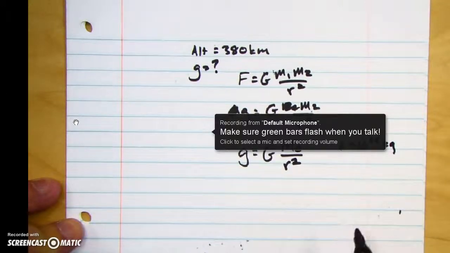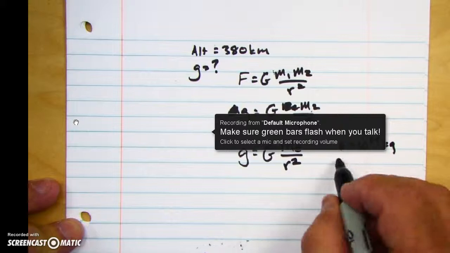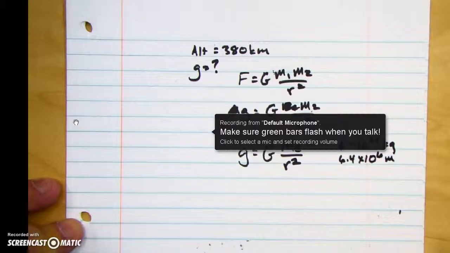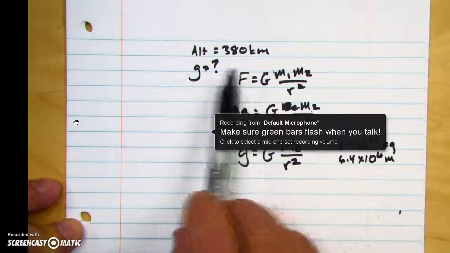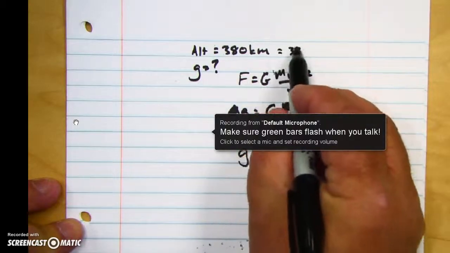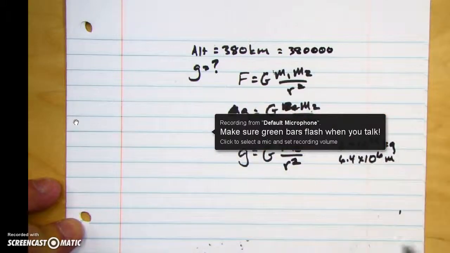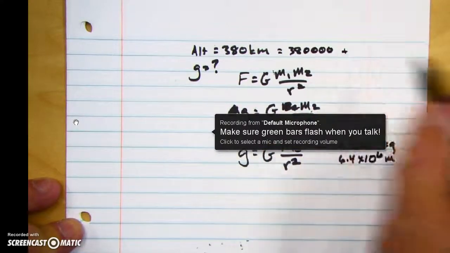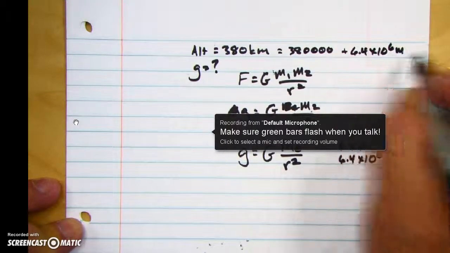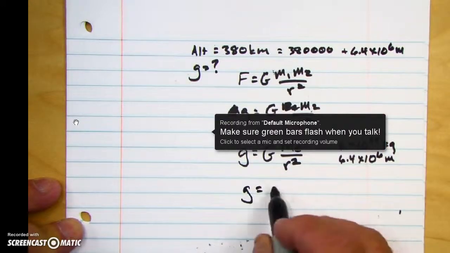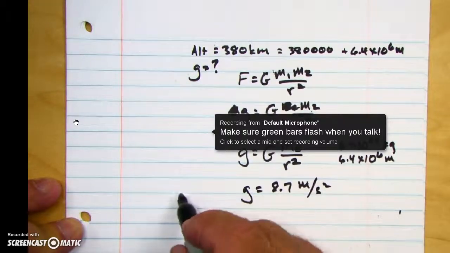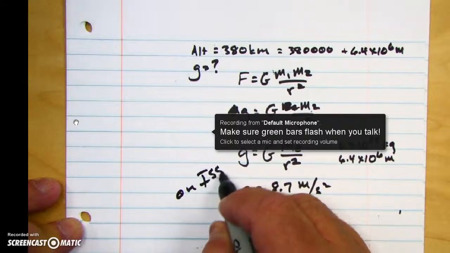We know the radius of the Earth is 6.4 times 10 to the 6th meters. And what I'm going to add is 380 kilometers, 380,000 meters, to the 6.4 times 10 to the 6th meters. When you plug that in, you get g is equal to 8.7 meters per second squared on the International Space Station.